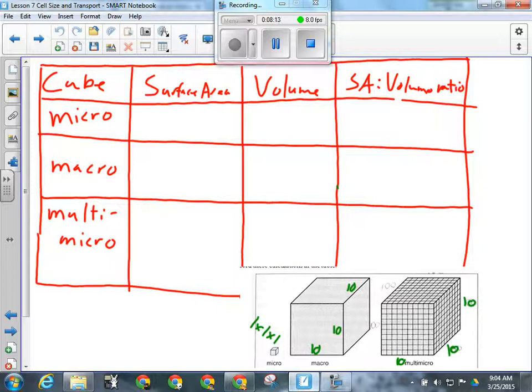Okay, so the surface area of this is 6 micrometers square, because it's a cube. We're talking surface area, so our units become squared. Okay, so micro is going to have a surface area of 6 square micrometers.